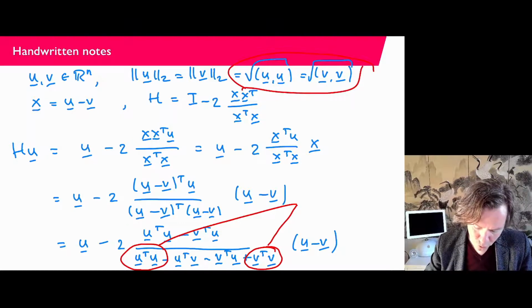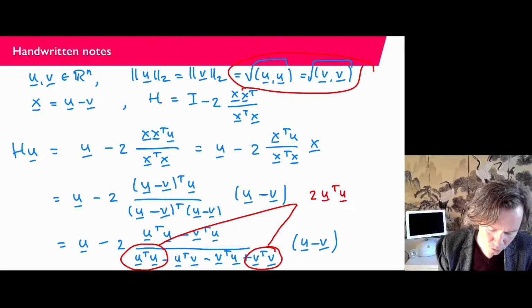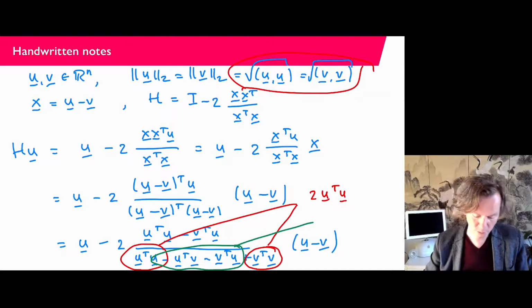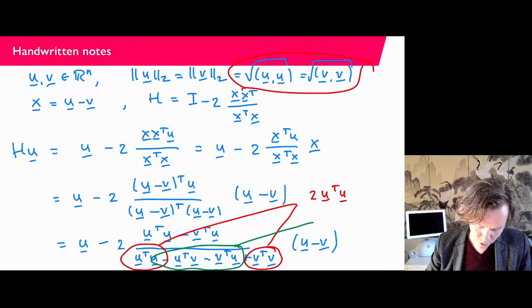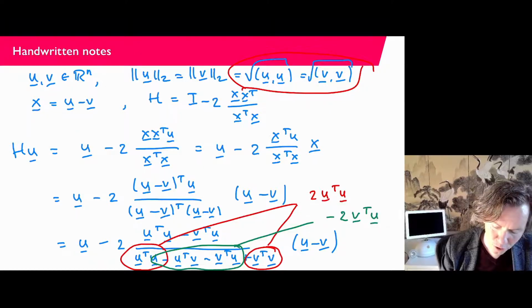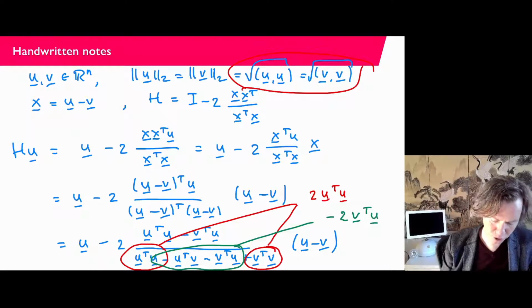So I can write this together as 2u transpose u, and also, let's pick green, these two are both the inner product of u and v, so they are the same, and I can write them as minus 2v transpose u.